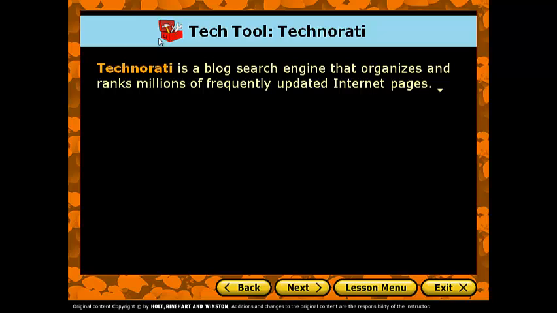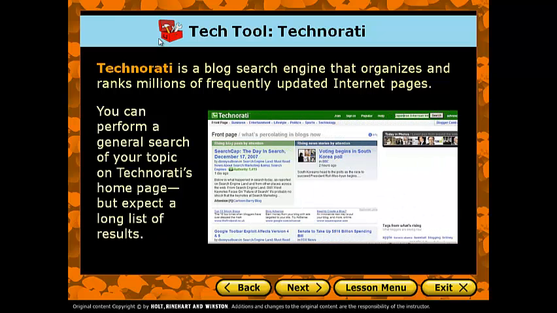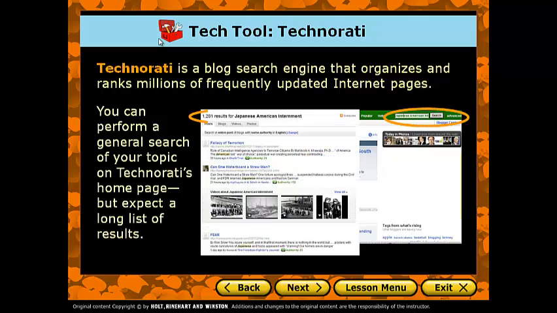The last one that we're going to mention here is Technorati. It's a blog search engine that organizes and ranks millions of frequently updated internet pages. You can perform a general search of your topic on Technorati's homepage, but expect a long list of results. So here we go for Japanese internment.